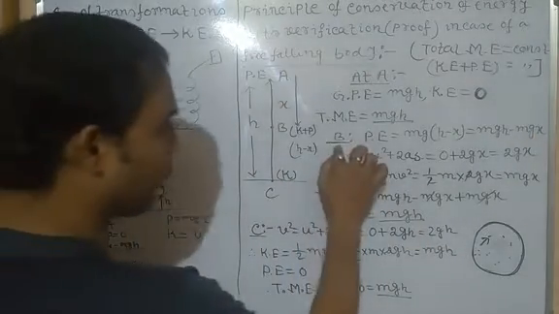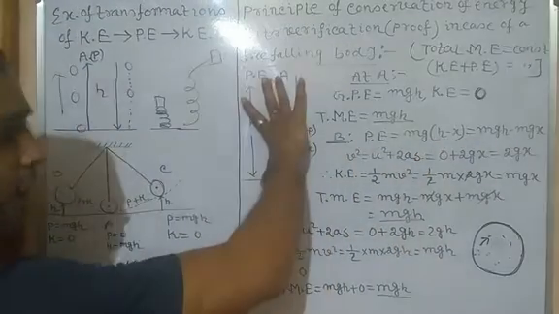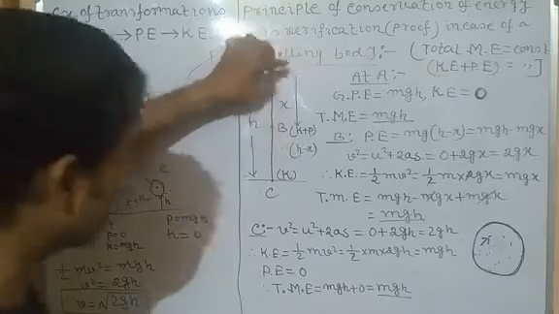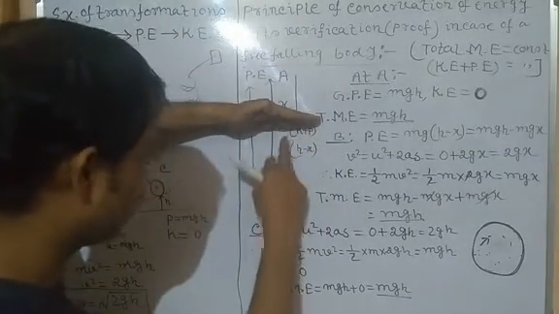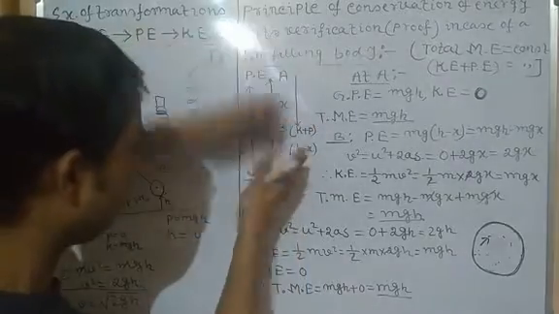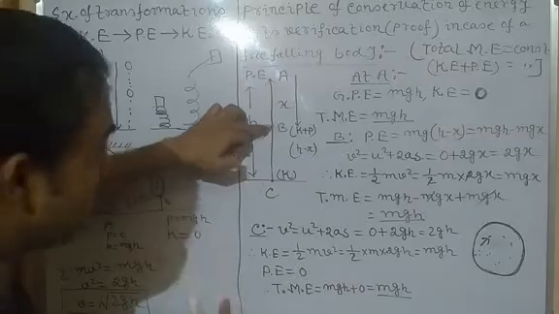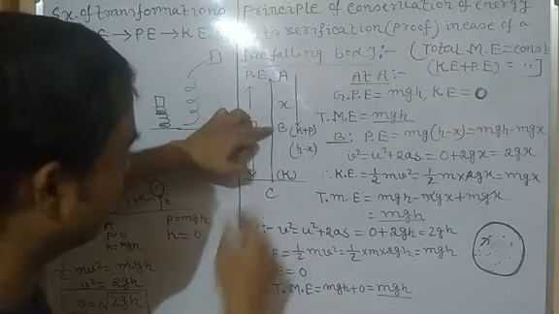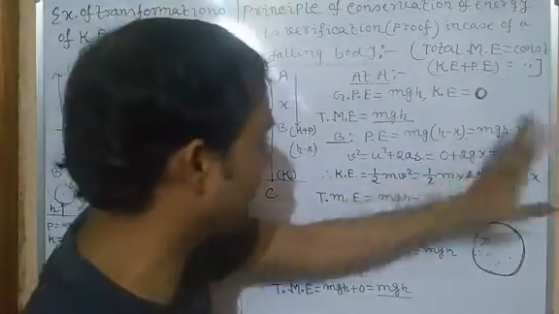So at point B, potential energy is mg into (h minus x). Why? Total height was h. Now it has traveled some distance x. So what is this height? h minus x. So now the stone is at a height h minus x, so potential energy is mg into (h minus x), that is mgh minus mgx.